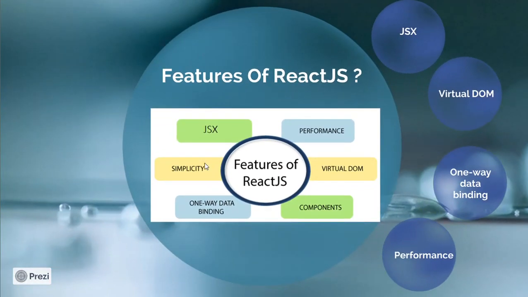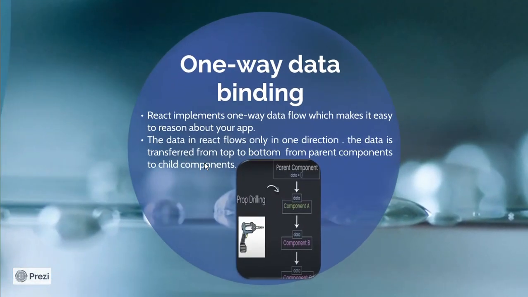The next feature is one-way data binding and directional data flow. That means one direction. Data or properties are transferred from top to bottom, from the parent component to the child component. That means prop drilling. This keeps everything modular and fast.